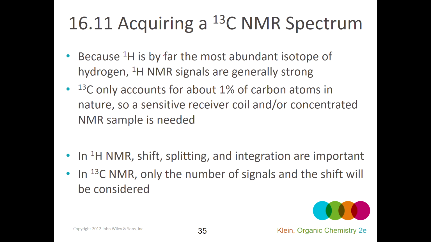Compared to proton NMR, where almost every proton in your molecule actually is a proton and not a deuterium because the natural abundance of that is very high, you don't need much sample to get a nice strong signal, right? So every hydrogen in almost every molecule has a single proton in its nucleus, and so everyone gives a signal and they all add together to give a nice strong signal. The carbon-13 is not nearly going to be as strong though, because most carbon atoms in your structure have a mass of 12.